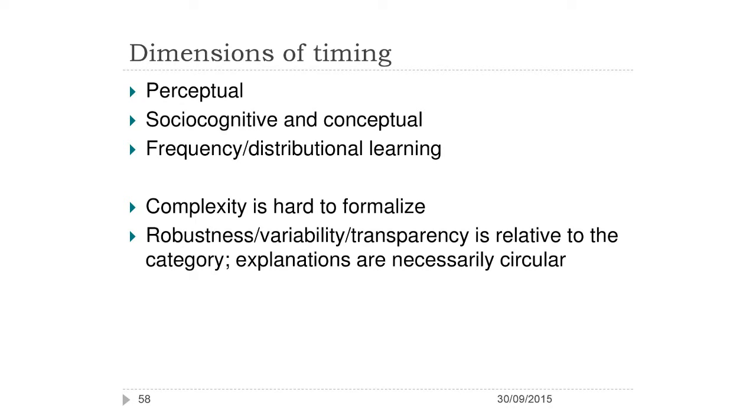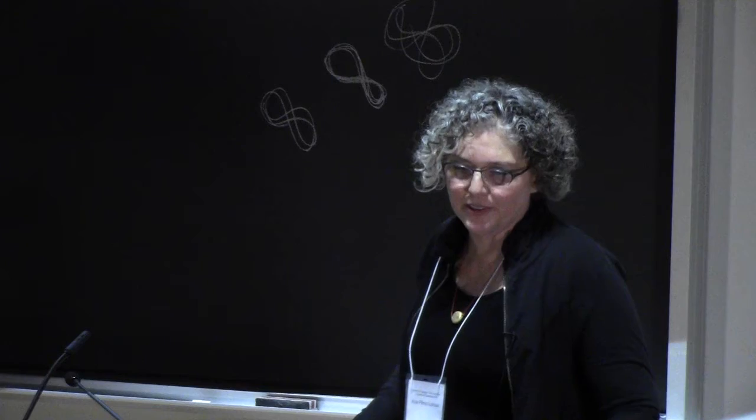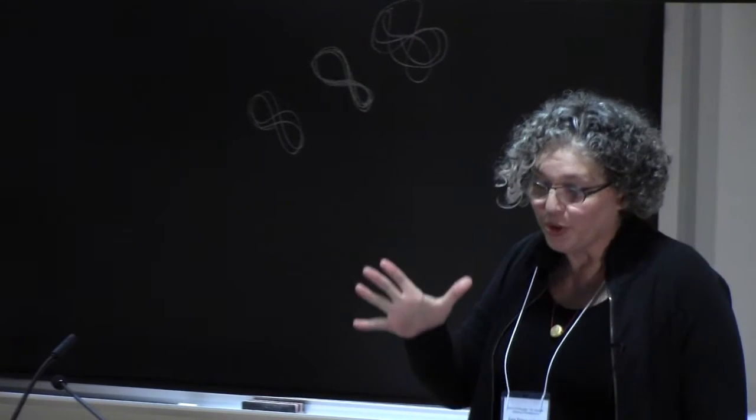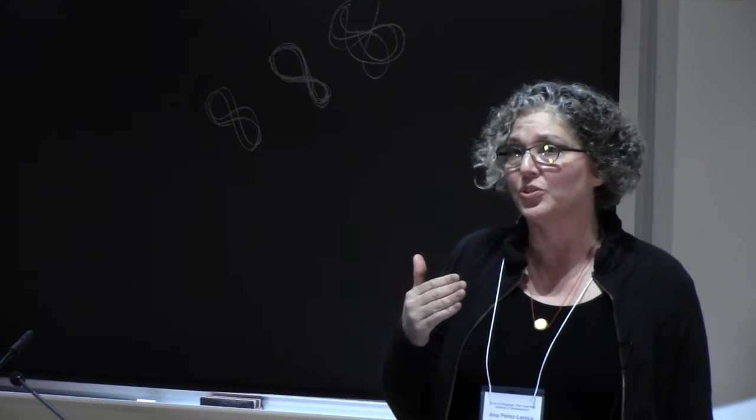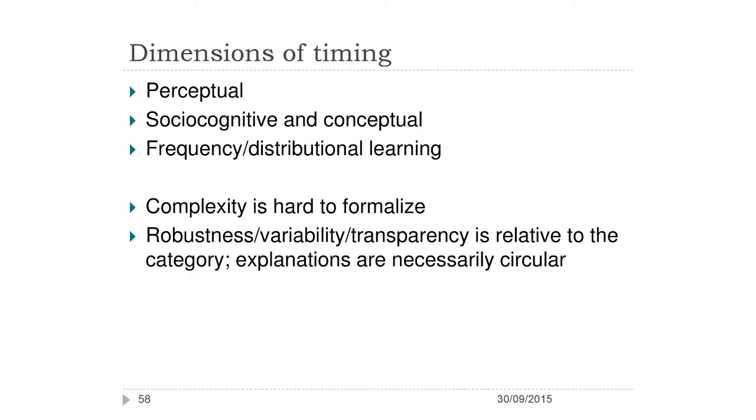How to make these things interact is less clear. Very often in explanations, we appeal to ill-defined constructs such as complexity, robustness, variability, transparency, and without those ill-defined constructs, we are unable to explain the most simple of facts about this temporal variation.